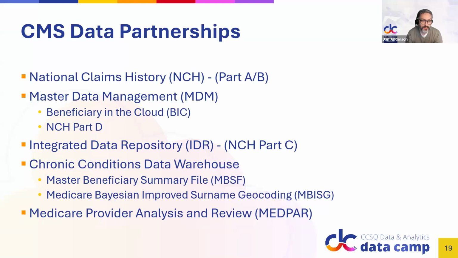We're now using the integrated data repository with a connector to access NCH Part C. Other groups that have partnered with us or allow us to share their data with us include CCW, the Chronic Conditions Data Warehouse, with master beneficiary summary files, Medicare Bayesian Improved Surname Geocoding, BISG, and then also MedPAR.